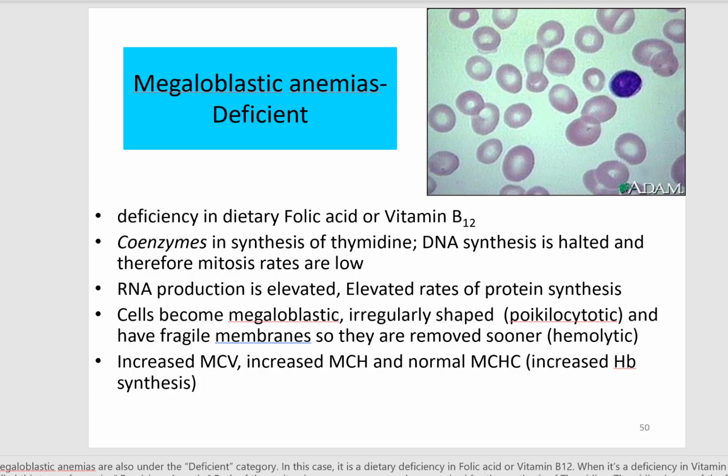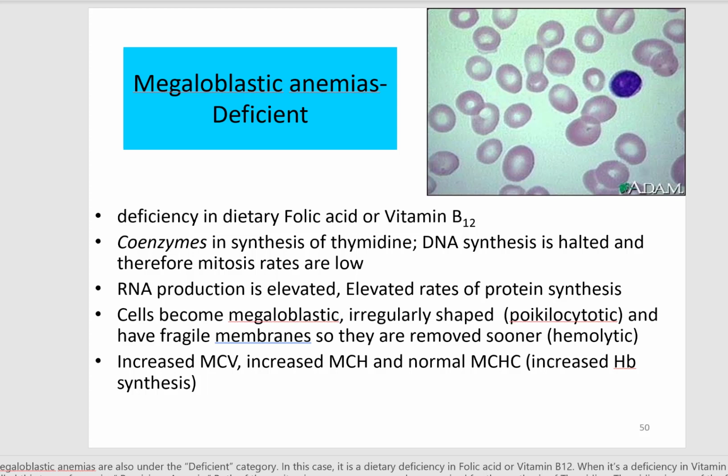They could be removed sooner. So megaloblastic anemias could be a disease state where it crosses between not able to produce enough red blood cells, but also having them removed too soon. Turns out with megaloblastic anemia, the primary issue is that you are not able to make them correctly.